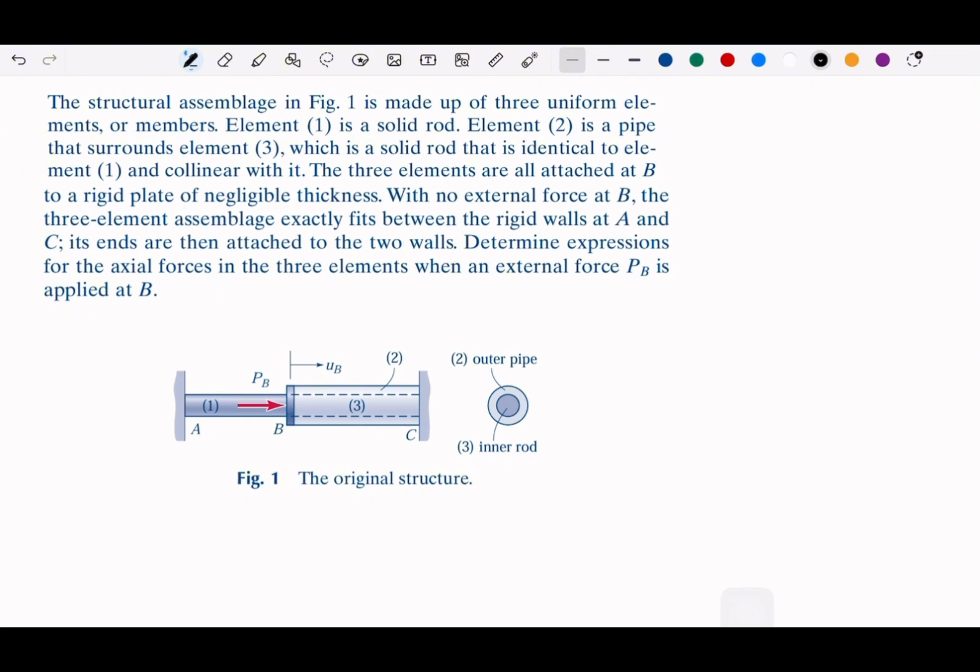What happens to the axial force expressions? To understand how the axial forces work, we are going to use some principles of axial deformation, so that we can find all the force expressions.